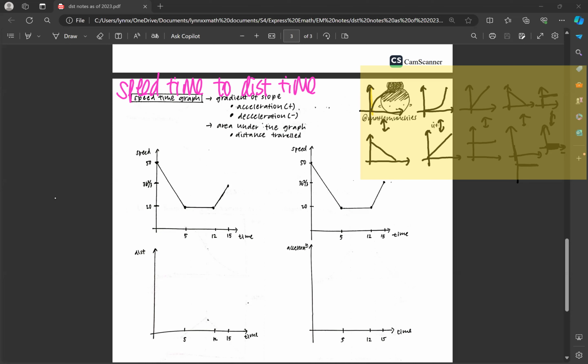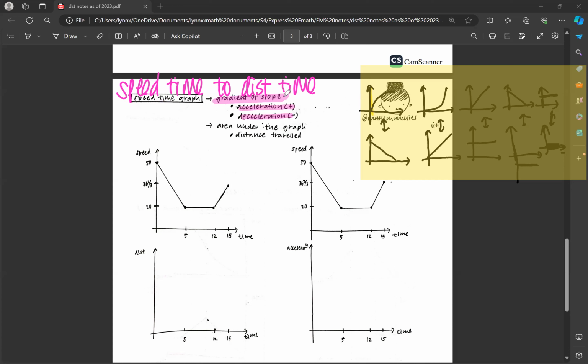So just now, when we go from distance time to speed time, the gradient represents the speed. Now, when I'm going from speed time to distance time, the gradient now represents the who?